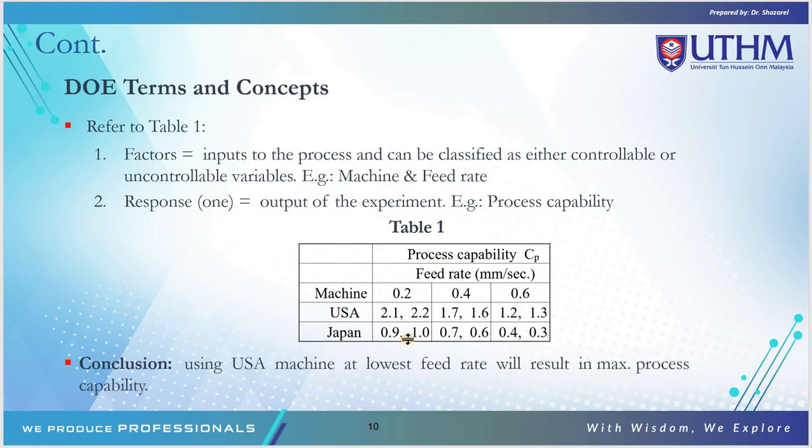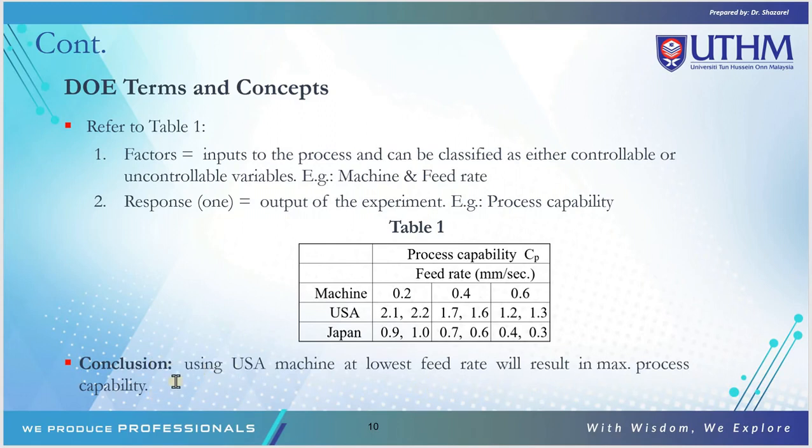In general, in this result, we can observe which factors contribute to maximizing the process capability. We can observe here that this is the highest, which is by using the USA machine, and the feed rate is 0.2. So we can conclude that using the USA machine at the lowest feed rate, because 0.2 is the lowest feed rate, can result in maximizing the process capability.